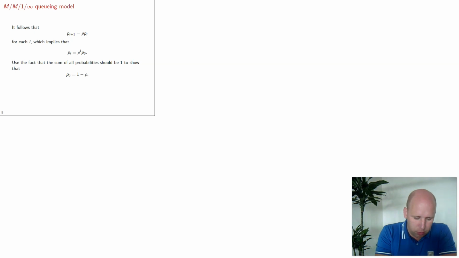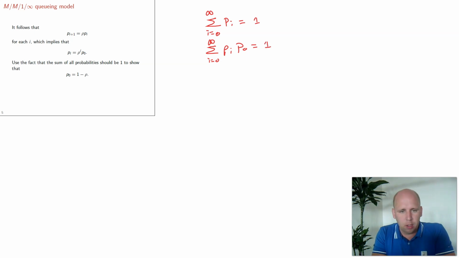We are going to write down the summation over all probabilities, and that should be equal to 1. We have already seen that P_i can be written as rho to the power i times P0, so this should be equal to 1.